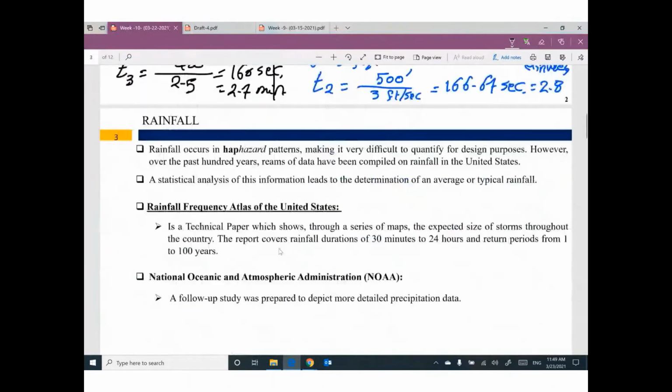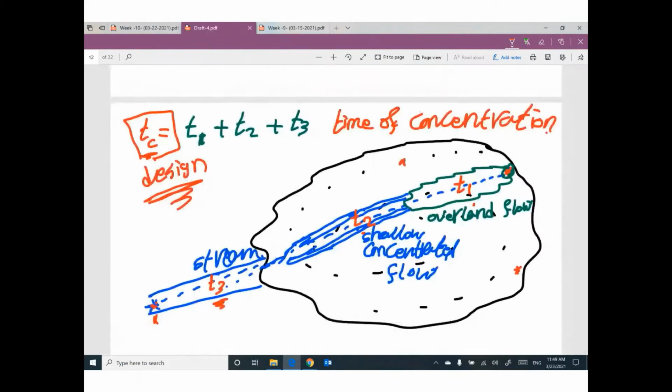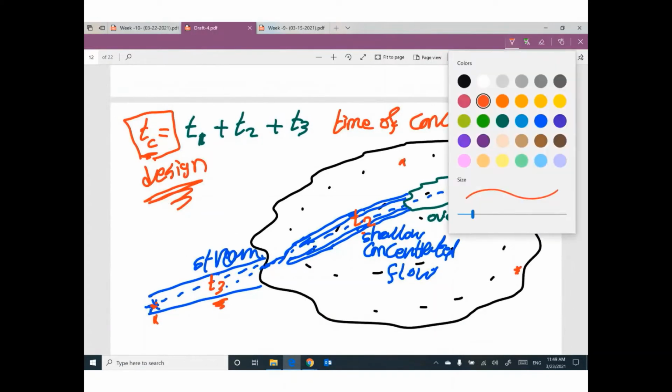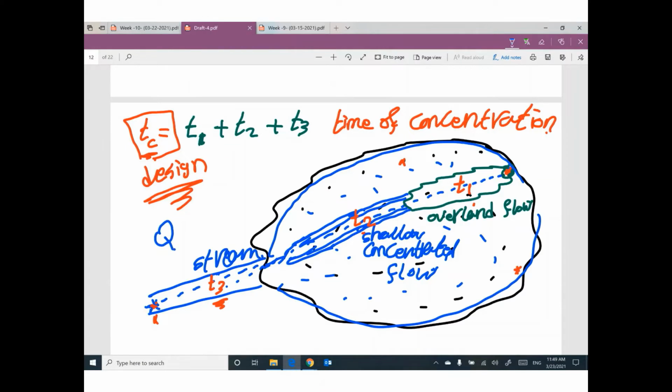The next part in our meeting today, I am going to talk about rainfall. Just to remind you, our target in this part of the course: we have an area of land and we have rainfall on this area, and we need to figure out what is the discharge Q coming from this area of land due to the rainfall.